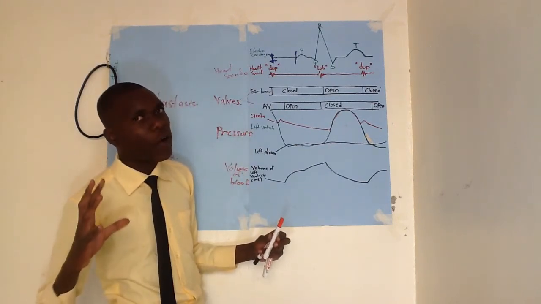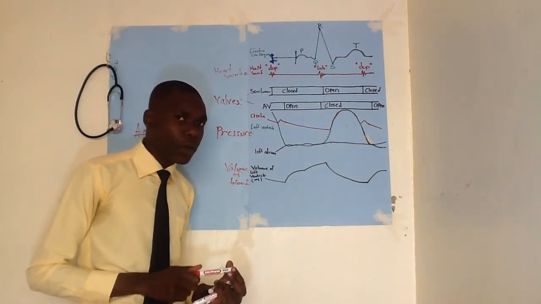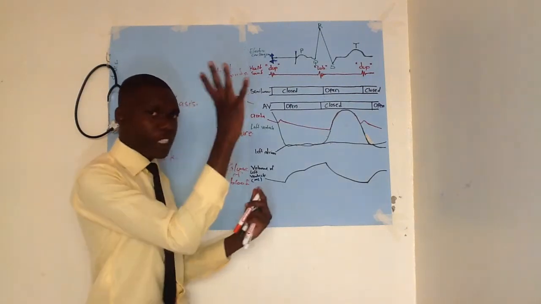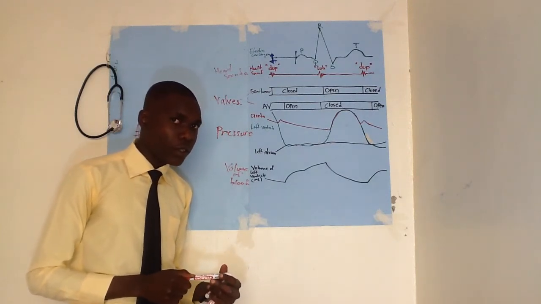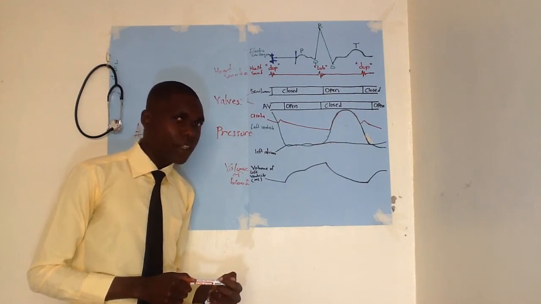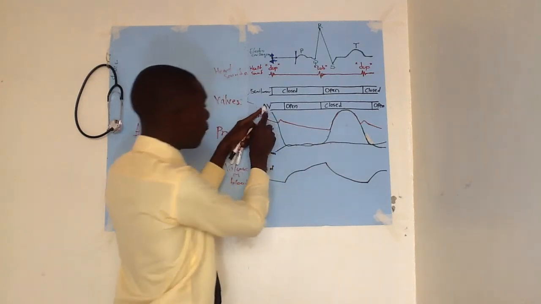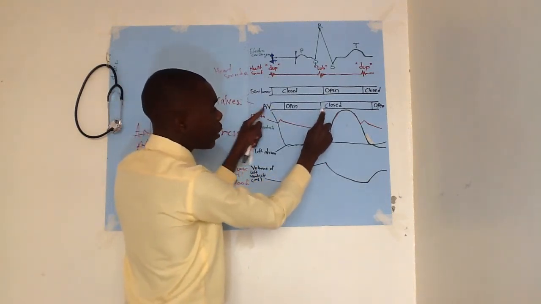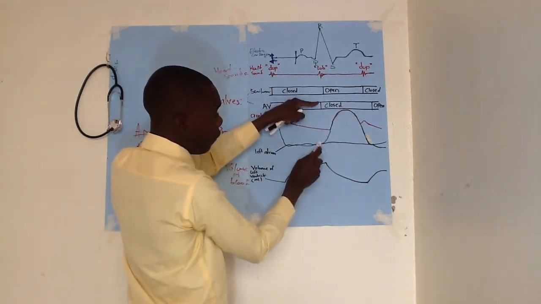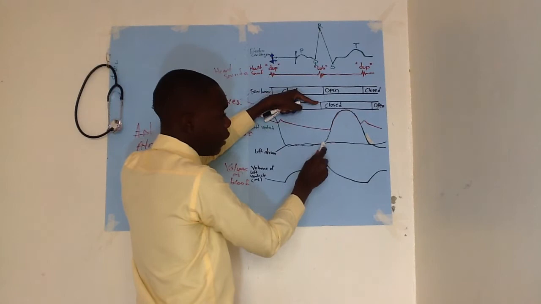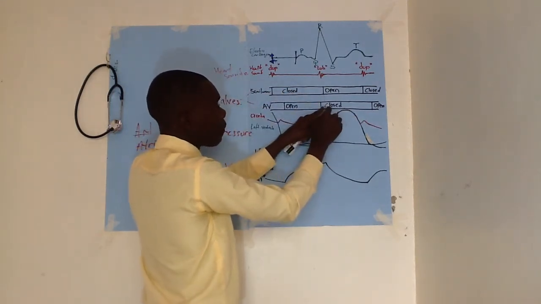As blood tries to undergo regurgitation, backflow from the ventricles to the atrium, it will shut the atrioventricular valves closed. So you can see it here, the atrioventricular valves are being shut closed. As soon as the pressure in the ventricles becomes higher than the pressure in the atrium, the atrioventricular valves are shut closed.